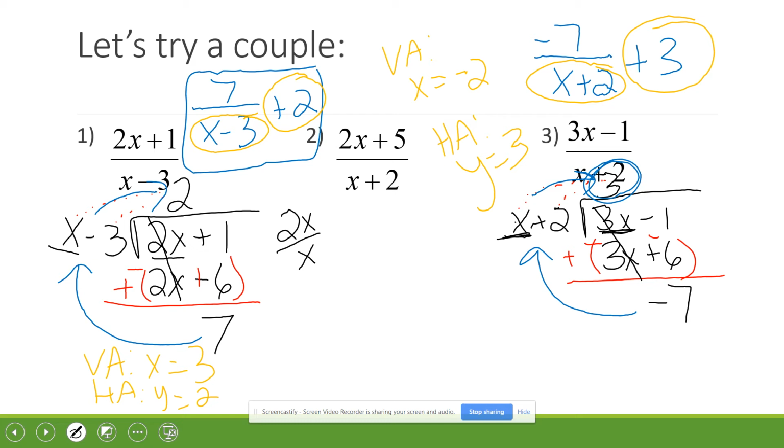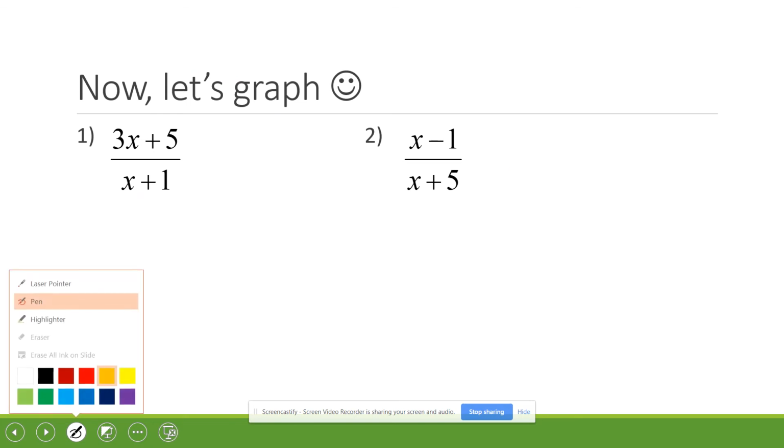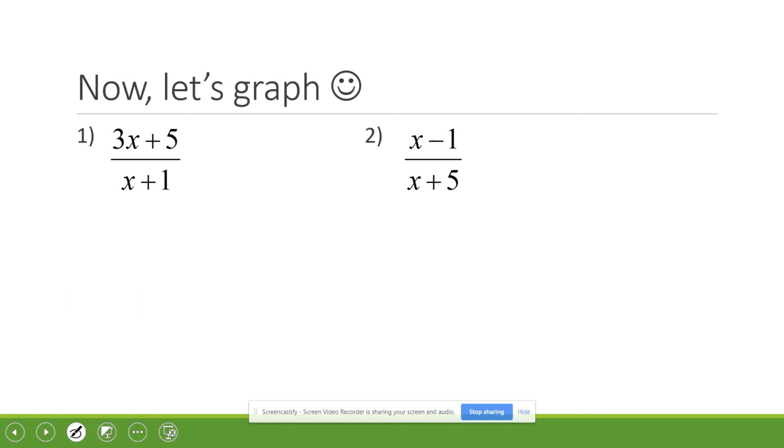All right, let's graph. So I'm going to start with our division. Yes, we know how to graph this without standard form, but let's turn it into standard form and see what happens.